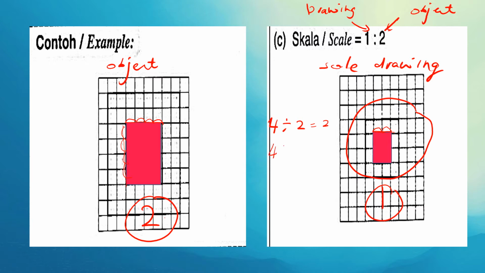Same method, you divide by 2 because the object is twice as big. After dividing by 2 you get 2, so you draw a vertical line with 2 boxes, 1 and 2. So you get the top line and the side, so you draw a square. Actually it should be a square, but the picture here is not balanced. Alright, so this is your answer.